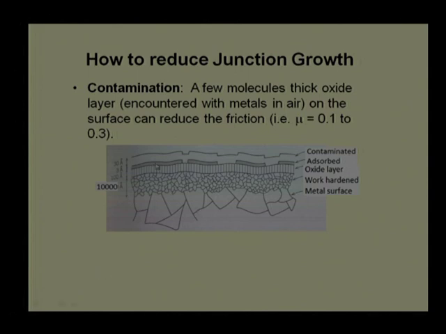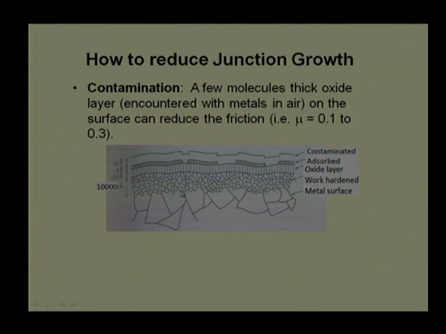You can see this is a metal surface which has a work hardened layer, then an oxide layer due to the availability of oxygen in the environment, then some absorption, some contamination, and these layers are very, very thin. We are talking about 30 angstrom, 100 angstrom, and in this case maybe roughly 10 micron.